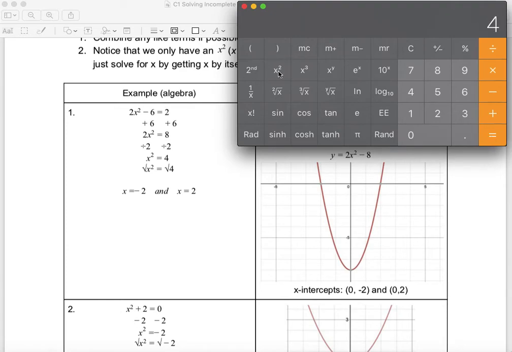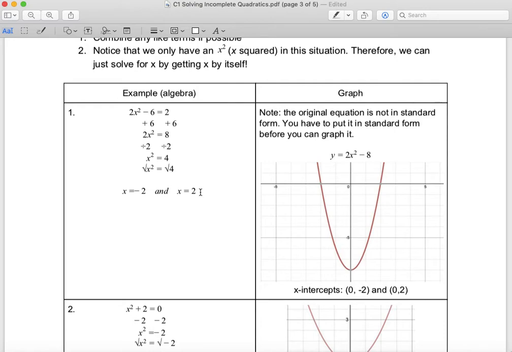So I could square 2 and get to 4, but I could also square -2 and get to 4. So that's why I'm going to have two possible solutions here of 2 and -2. Whenever you take the square root of a number, you're always going to need to have a positive and a negative answer. That's why in the quadratic formula they have the plus and the minus. So +2 and -2 as our solutions.